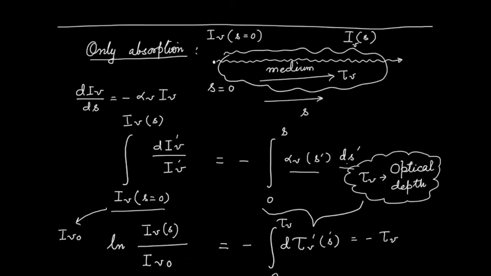For example, if I have a fog, the light has to travel a lot before it gets enough absorbed and doesn't reach you. It travels a few hundred meters and still it will not be able to reach you, because many of the photons will get absorbed and finally you will not see the source.